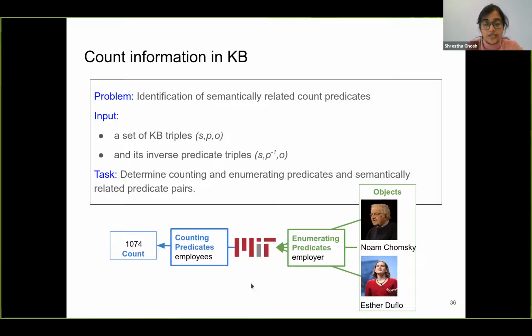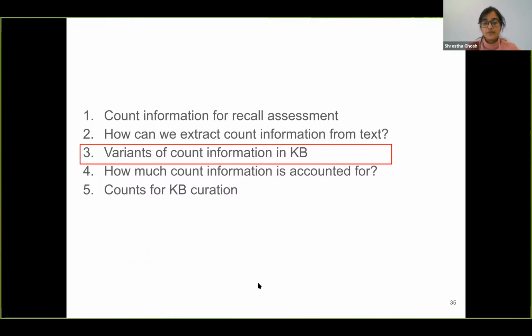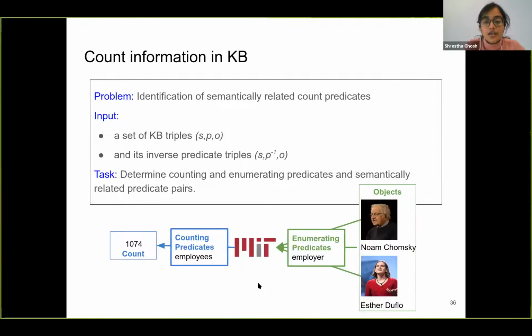If we look into our running example, the objects Noam Chomsky and Esther Duflo are connected to MIT via the relation employer. So here the main subject is the institute MIT, which stands in relation to the set of entities.